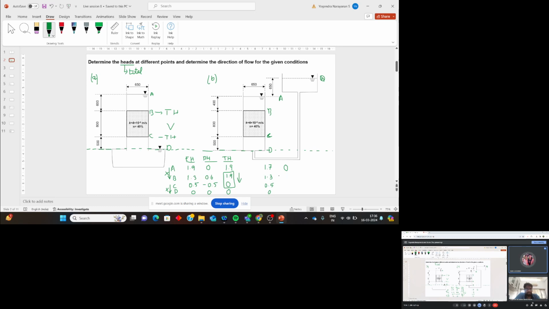Pressure head at B is 0.4. And pressure head at C is minus. The water table is at pressure head. Okay, total 615.